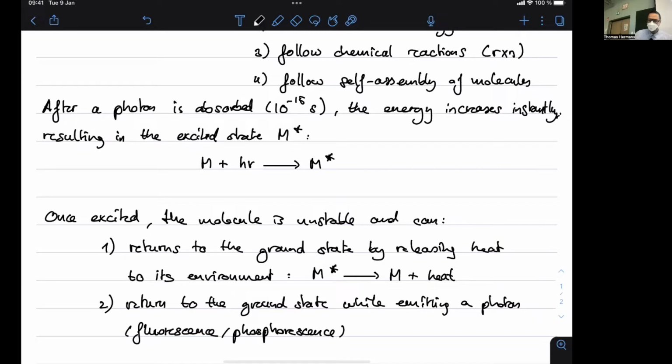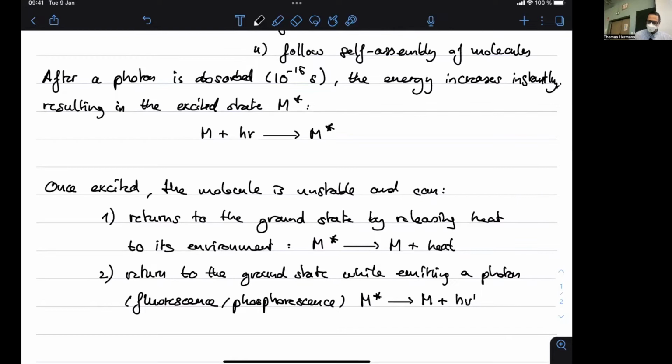So M star goes to M plus h nu prime. This h nu prime, because it's not the same photon that you use to excite. Now that photon will have less energy, will have a longer wavelength than the photon you use to excite the molecule. That's why I have this one with an accent. Here it is. Okay.